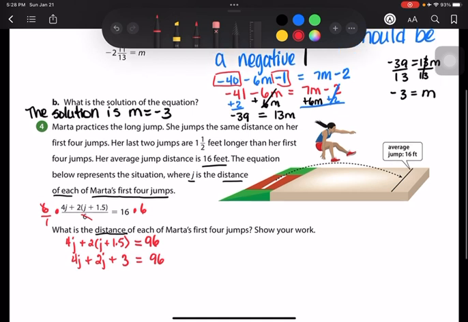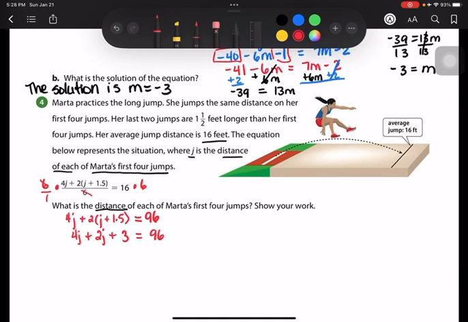Now to combine like terms, 4J and 2J is 6J, plus 3 equals 96. Now we want to bring our constant to the other side, so we're going to subtract 3, which is the inverse operation. This cancels out, and we're left with 6J equals 93.